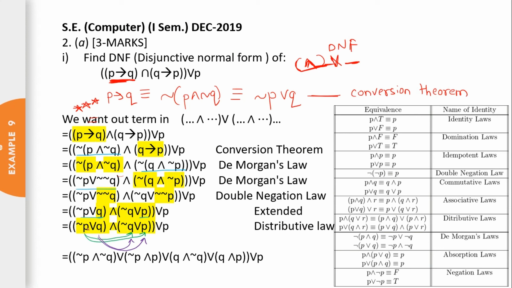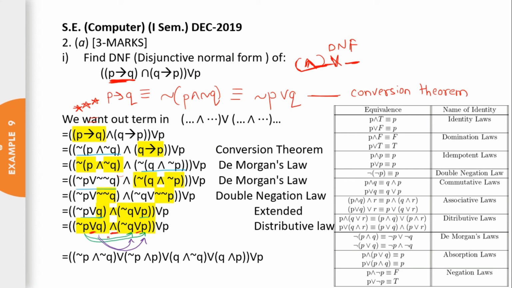Till this answer: negation of P or Q whole bracket, or with negation of Q or P, and or with P. Now to solve this, bracket OR terms ANDed with another OR terms. So how can we solve this? Here both the operators are the same, but the symbol which is joining them is different, that is AND.